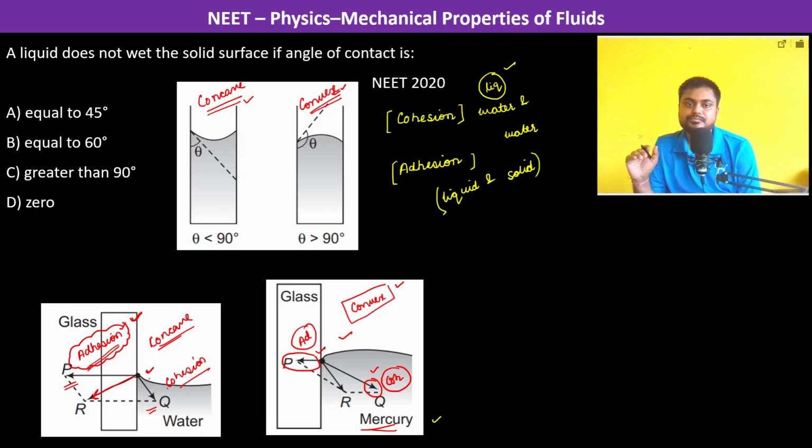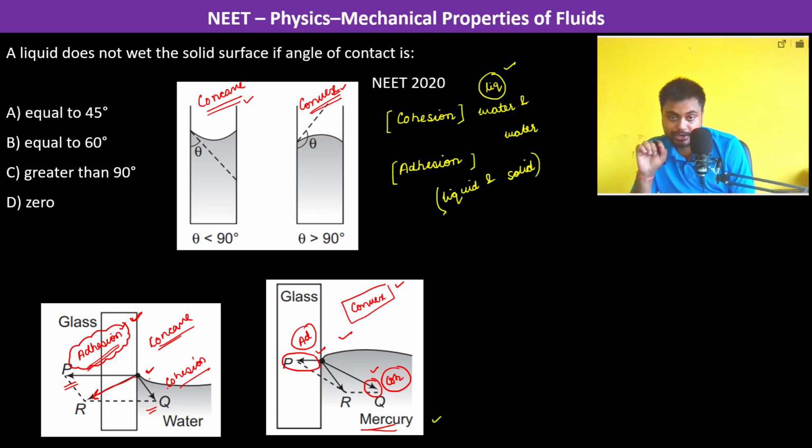So the entire mercury, you can flow it and then collect it, and as much as you flow, that much you can collect also. Not even a single drop remains outside or sticks to the solid surface. So when does this happen?